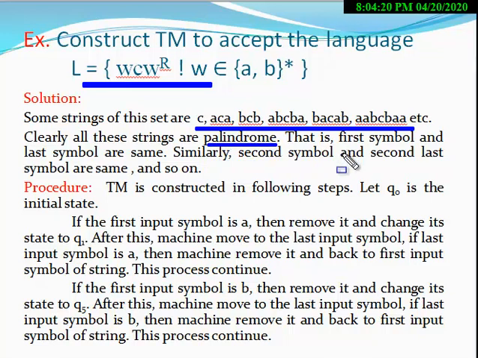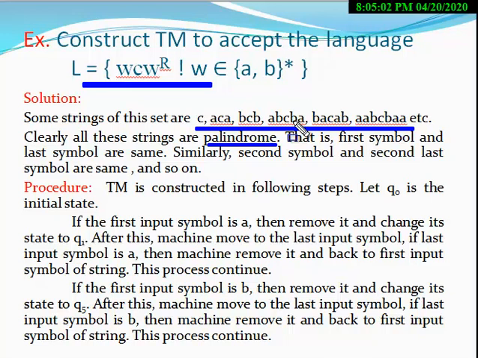In all these strings, we also find the first symbol and the last symbol are the same. We also find the second symbol and the second last symbol are the same. Similarly, the third symbol and the third last symbol are also the same, and so on. So this is the pattern of the strings belonging to this set.